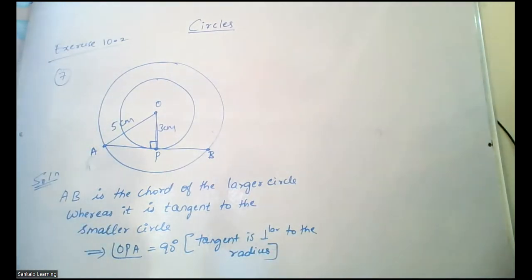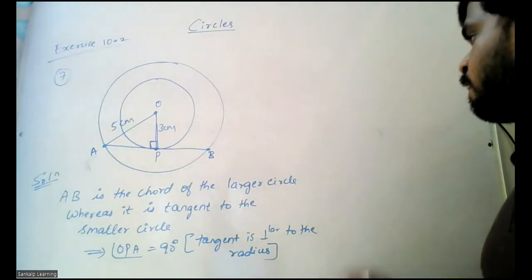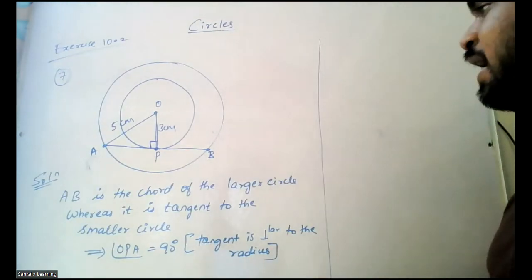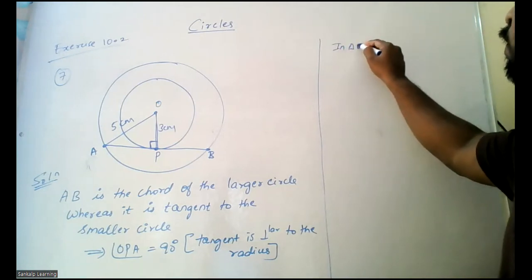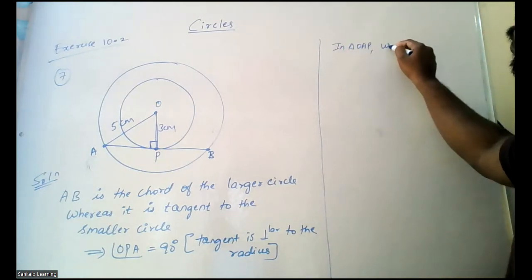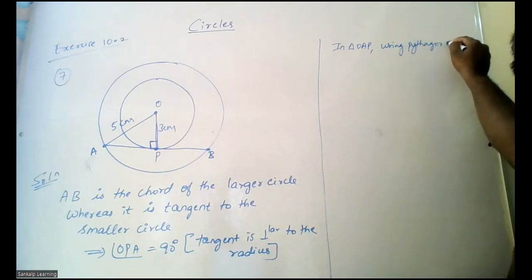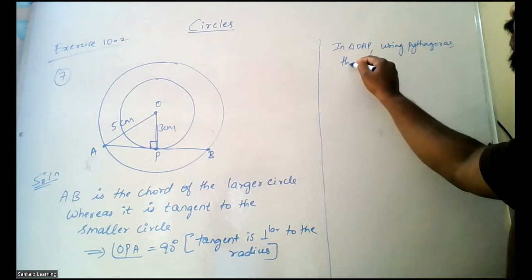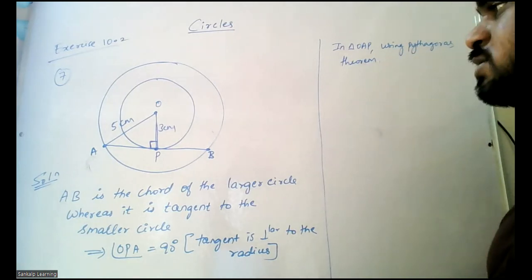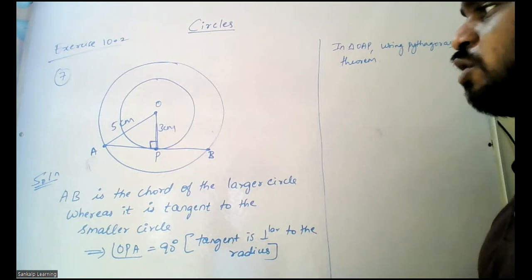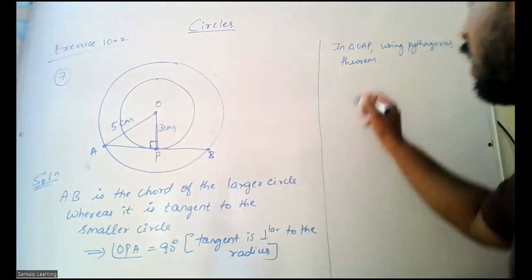Now OPA equals 90 degrees. Now, very simple. You got a right angle triangle now. Use Pythagoras theorem in triangle OAP. What does Pythagoras theorem tell you? The square of hypotenuse, which is opposite to 90 degrees, that is OA.